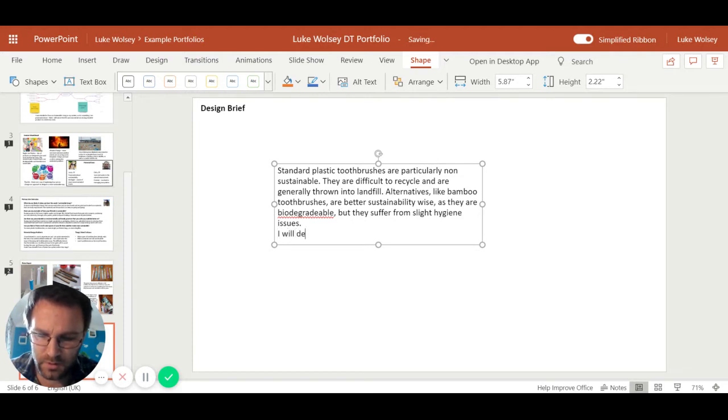I'm going to say I will design and prototype. We need to mention really, the product that you make doesn't have to be a production standard product. It can be something which experiments. Maybe it's a bit rough around the edges, but as long as it's testable, as long as it can be tried out and see if it works or not.